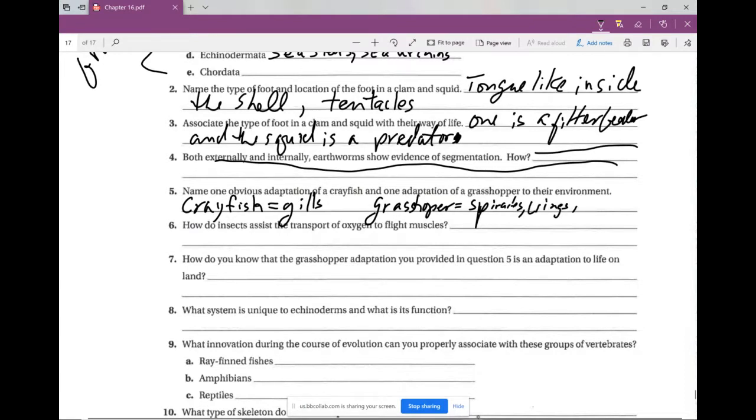How do insects assist the transport of oxygen to flight muscles? They use trachea that directs the oxygen to the flight muscles.